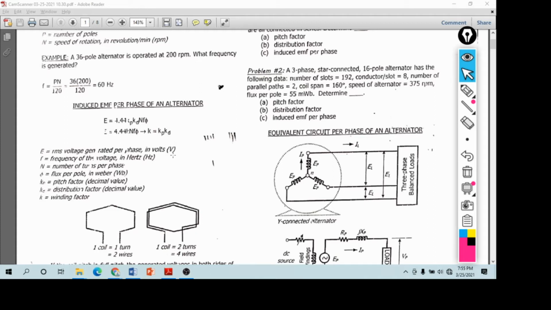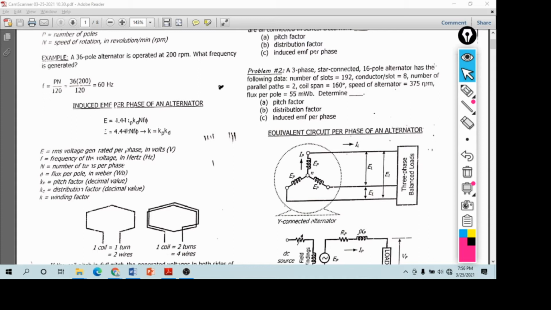No? The unit is in volts. Frequency in hertz. Okay, and it's not speed anymore. It is the number of turns per phase. Then Φ, or the flux per pole, must be in Weber.